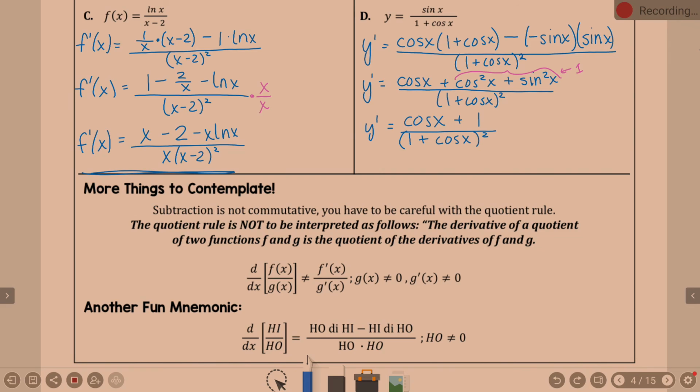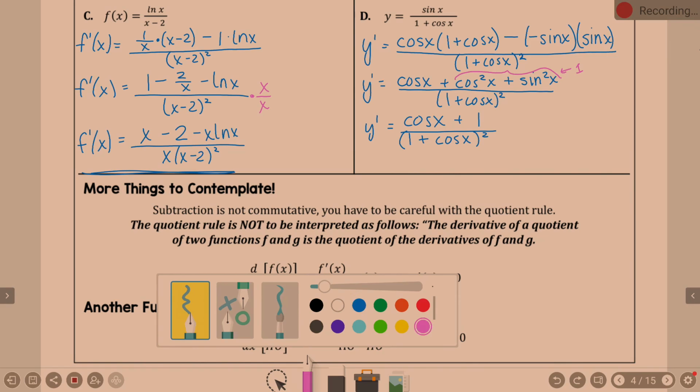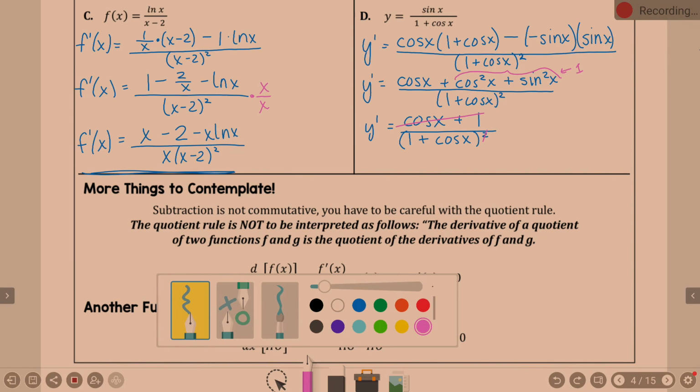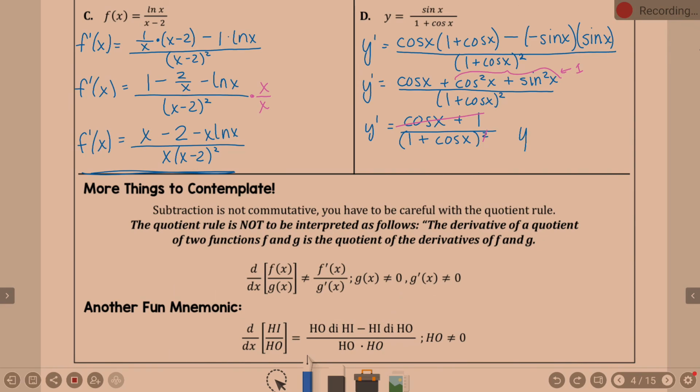That's the whole numerator, right? So that whole numerator of cosine x plus 1 can cancel with another cosine x plus 1. Do I have another cosine x plus 1? Yeah, it's in the form 1 plus cosine x, but I do. So this guy can cancel with one of my denominators, yes? And so when they cancel, I'm going to end up with 1 over 1 plus cosine x.